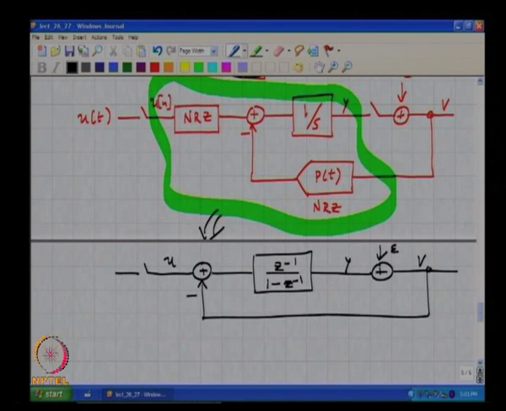So, we need to figure out a systematic way of finding the L of S, which when driven by a DAC with a known pulse shape P of t and its output sampled at Fs, will result in the same sequence that one would have got when one used a discrete time loop filter. You understand? This kind of ad hocing will not probably work for higher order, more complicated noise transfer functions.